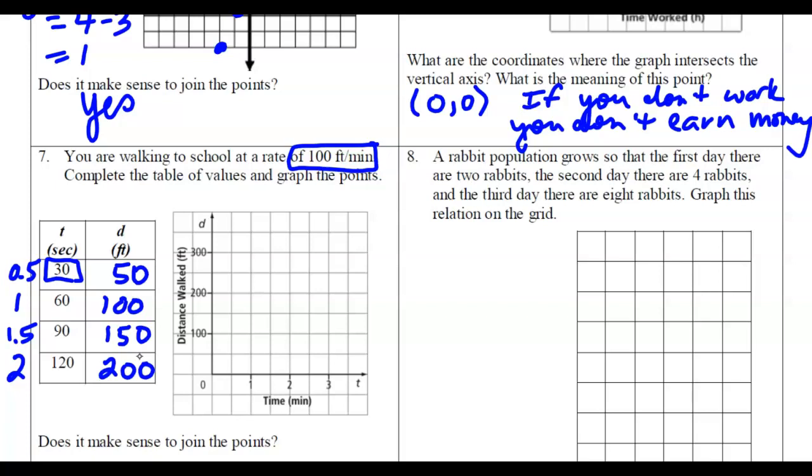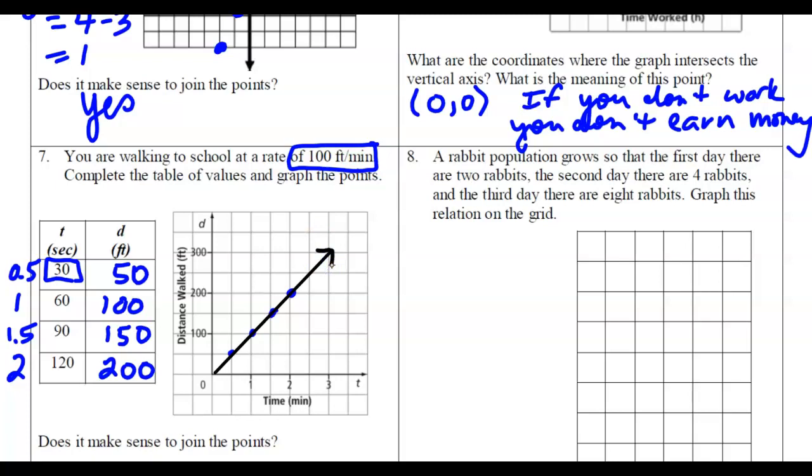So here I'm plotting just these ones. So half a minute is 50, 1 is 100. And now in this case, I'm going to join those up. I'll put an arrow on the end because technically you can keep walking forever.